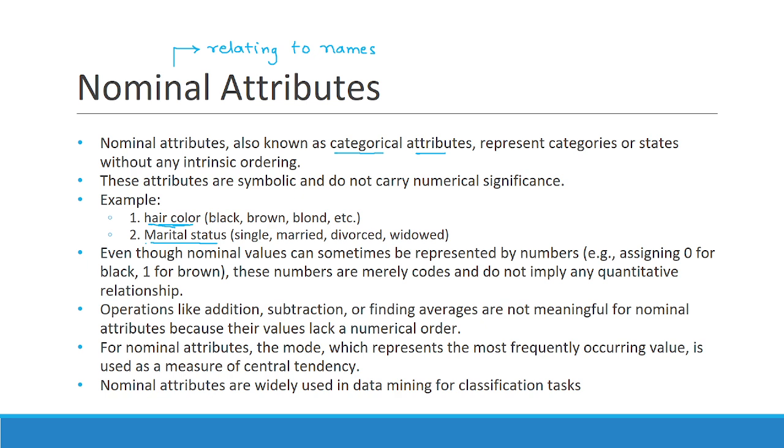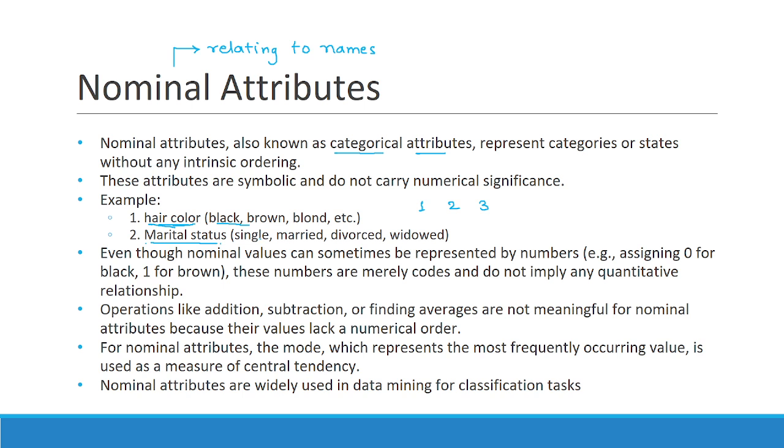You cannot say his or her hair color is 1 or 2 or 3, but you can say hair color is black, brown, blonde. Hair color is an attribute, marital status is an attribute, and the possible values are given in the bracket.